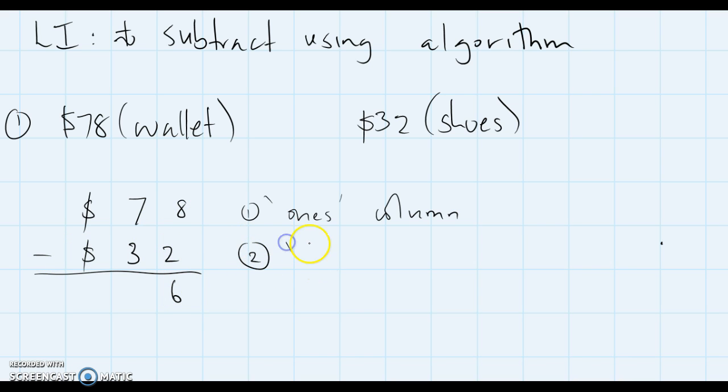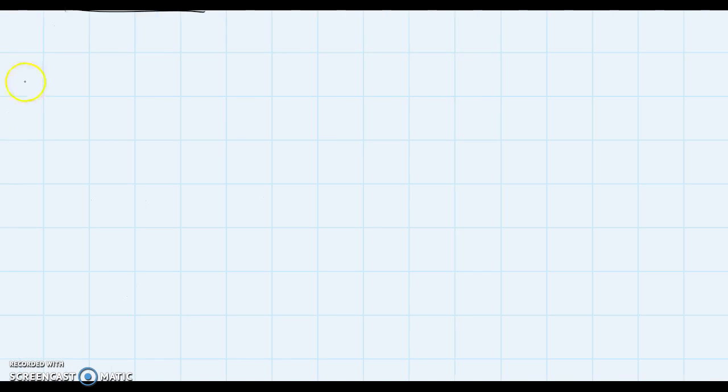Second step, look at your tens column. 7 tens take away 3 tens equals 4 tens. So how much money will I have left in my wallet? $46.